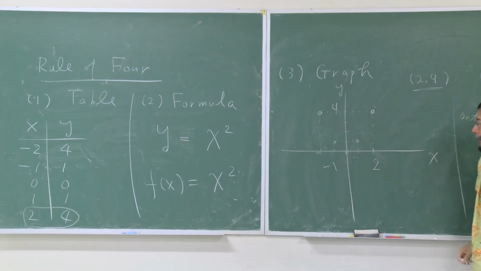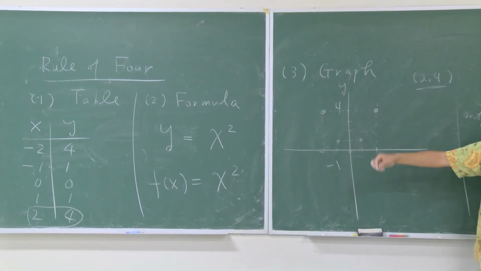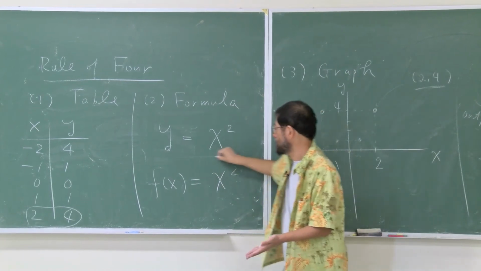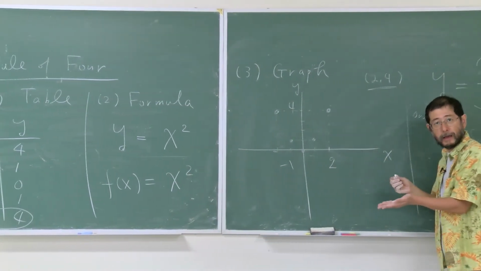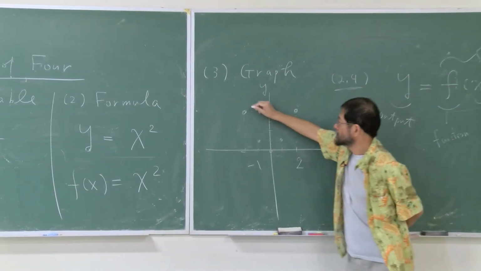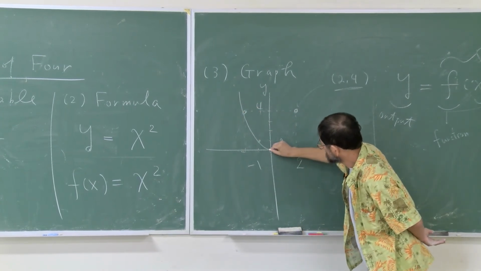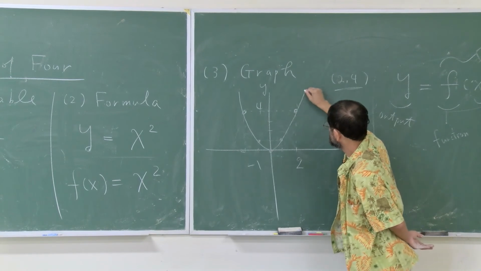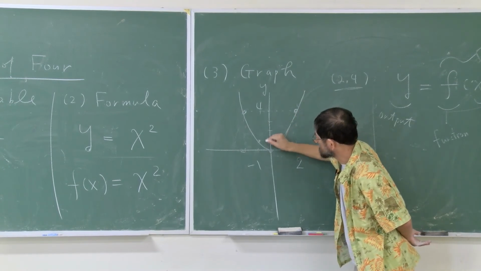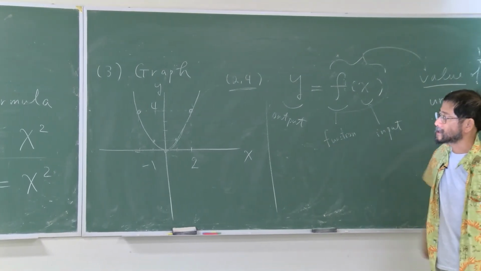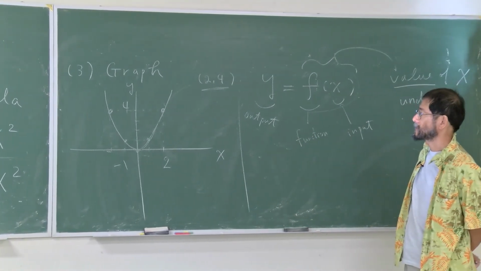Again, the table has only 5 points, but if you use the formula, you can compute as many as you like and connect them. Now you can connect these points by a curve like this. This way you can visualize what's going on for this function.